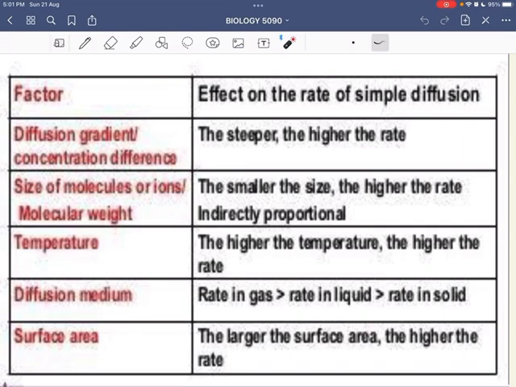Then of course the size of molecules. The smaller the size of molecules, the higher would be the rate of diffusion.